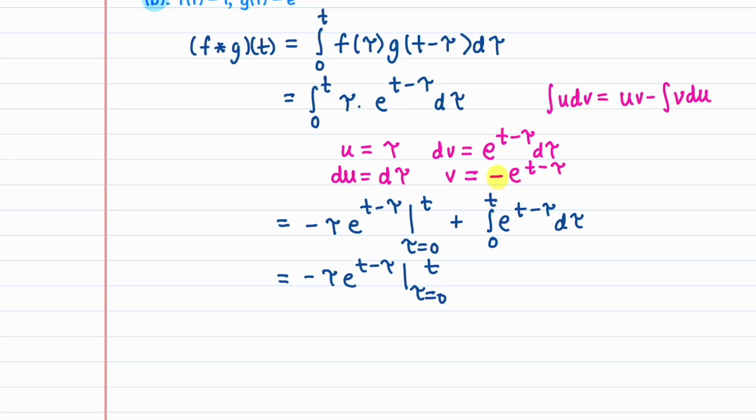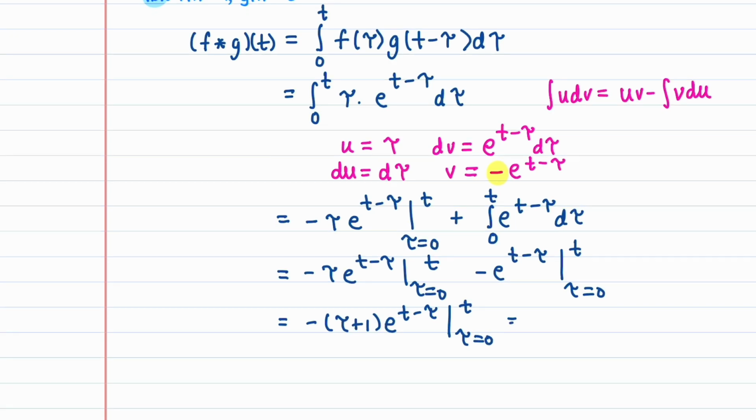And let's integrate the second piece. This integral is minus e to the t minus tau, and we're going to evaluate this from tau is equal to 0 to t. We can write this as minus tau plus 1 e to the t minus tau, and then tau goes from 0 to t.